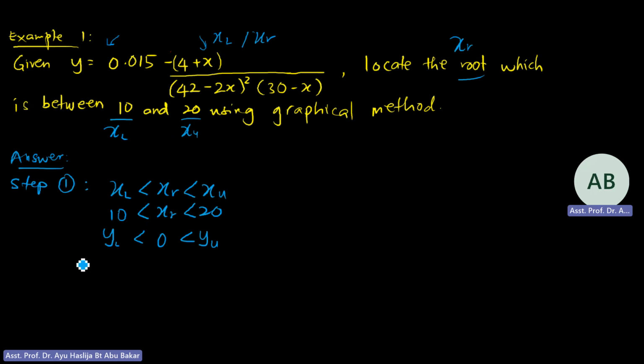So YL is positive, 0.0135. YU, correct, negative 0.585.